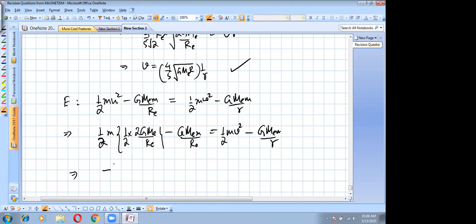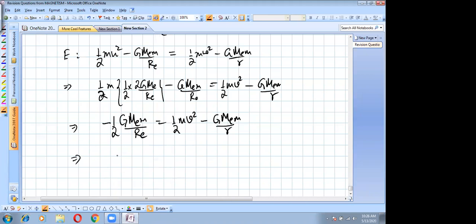So that is minus half. This is what we are getting from our second equation.